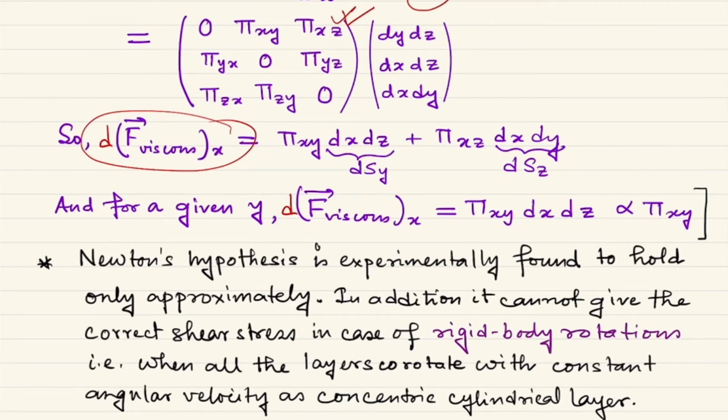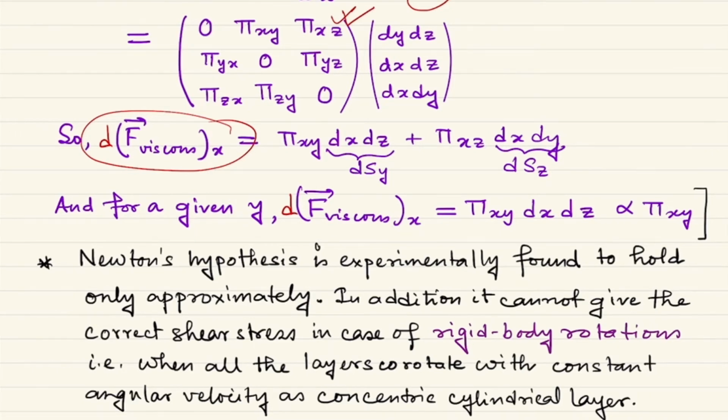And that basically gives you some non-zero linear velocity gradient, but the system does not need to respond in terms of its viscosity. That's what I am saying, because all the layers are co-rotating.